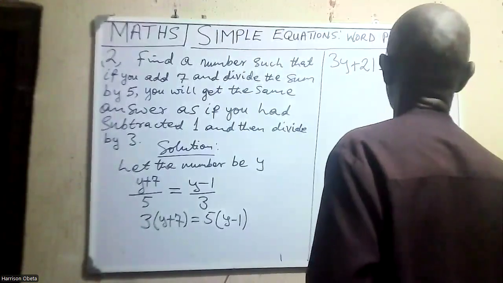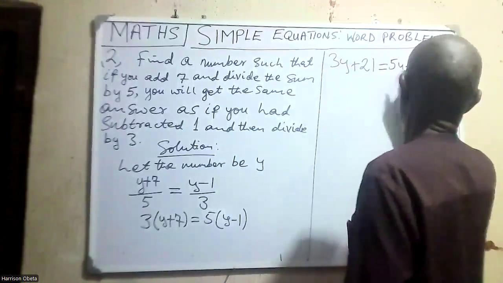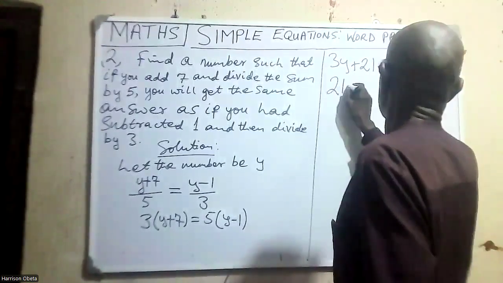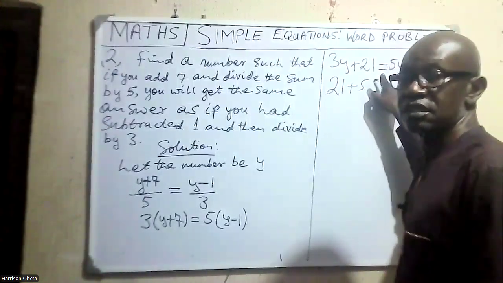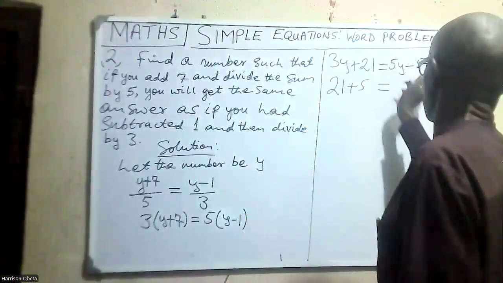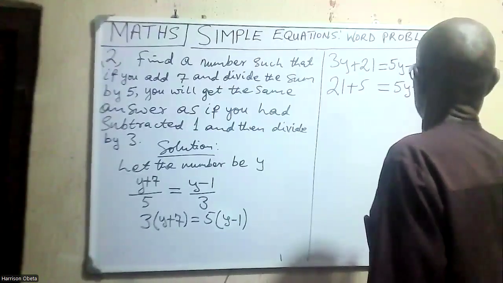Again, you multiply out. The next thing is to collect your like terms. Let us take this 3y to this side and take 5 to the other side. So it will now be 21 plus 5, because 5 crossing the equality sign, it will be plus. Equal to, you are taking this to the other side, 5y minus 3y.